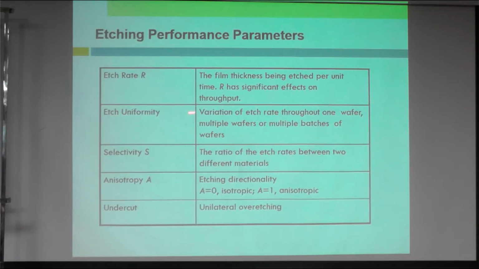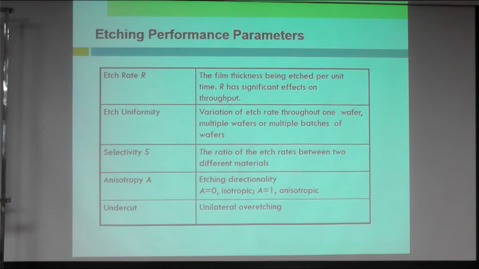Etch uniformity is the variation of etch rate throughout one wafer, multiple wafers, or multiple batches of wafers. Uniformity might differ if you have a spray wet etching process, for example, or a dry etching process, where the position you put the wafer or sample might have an effect on the etching.